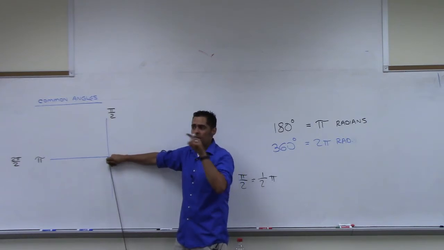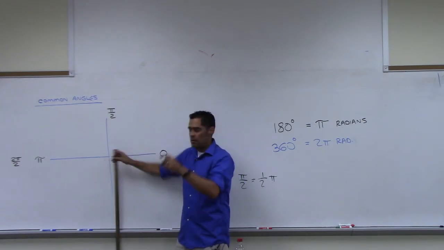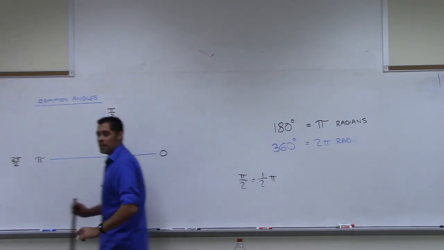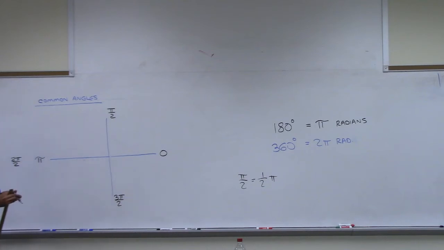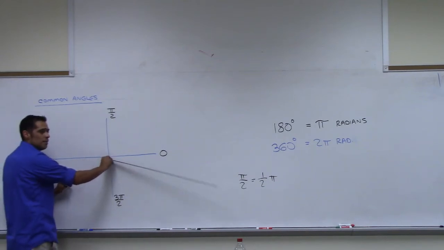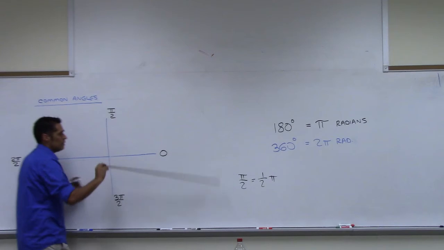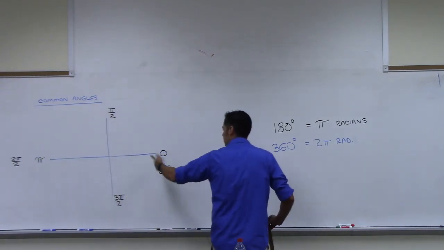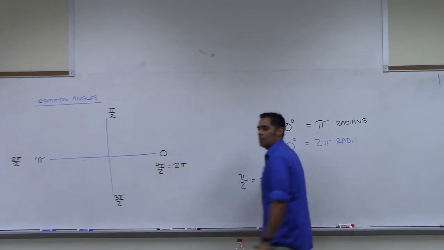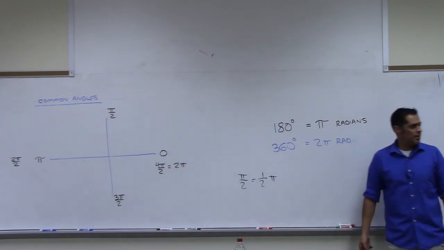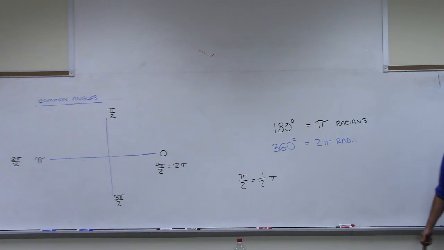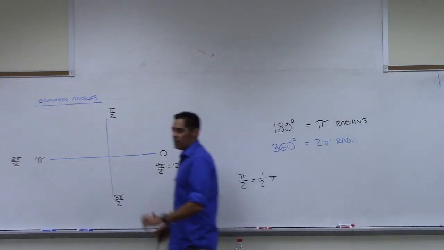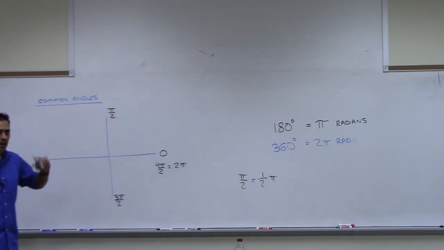So this should be 3 times pi over 2. So this is just going to be 3 pi over 2. You understand how I'm counting here? Okay, and then I'm going to rotate one more time by pi over 2, and I'm going to get 4 pi over 2. But 4 pi over 2, if you reduce this, this is 2 pi. Okay? Understand how I did that? To me, this is much easier than trying to memorize all these, all right? If you just count your way around.